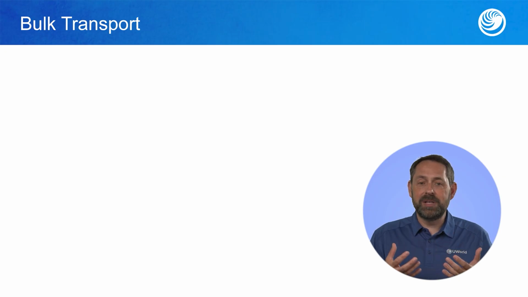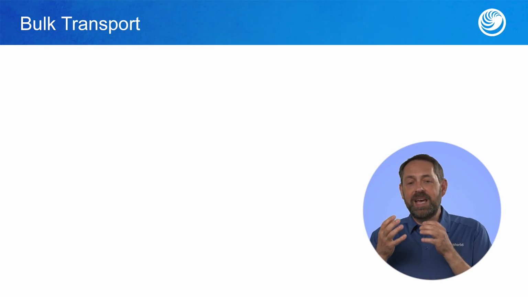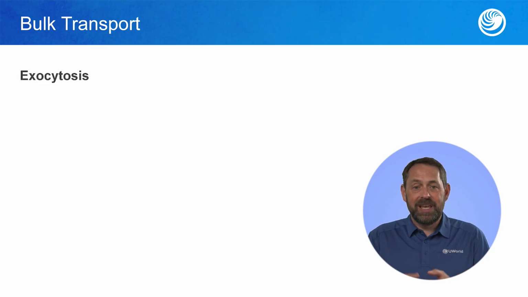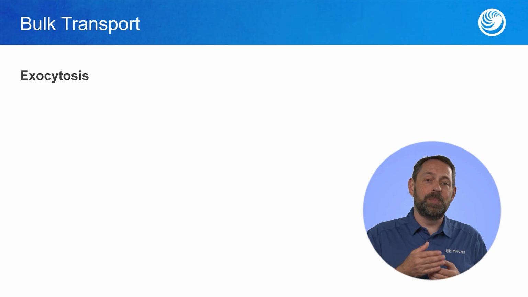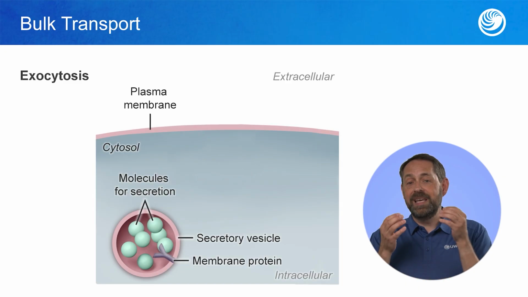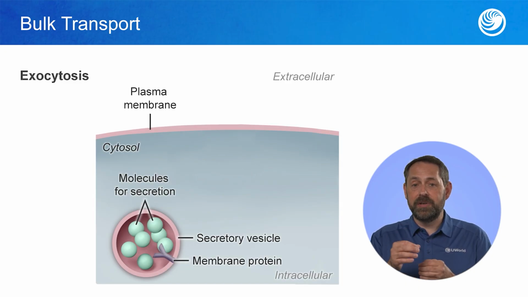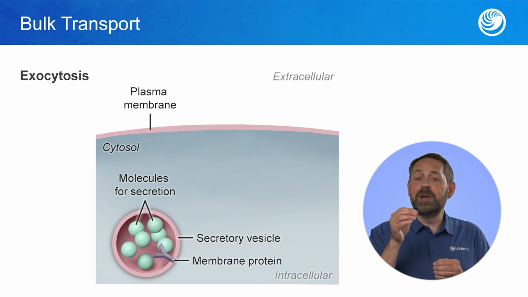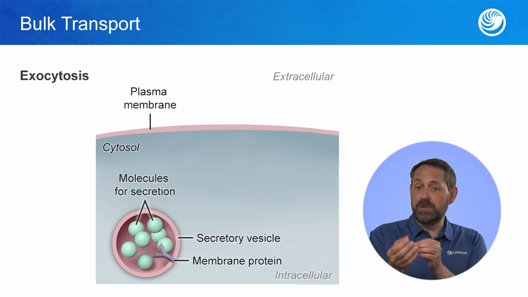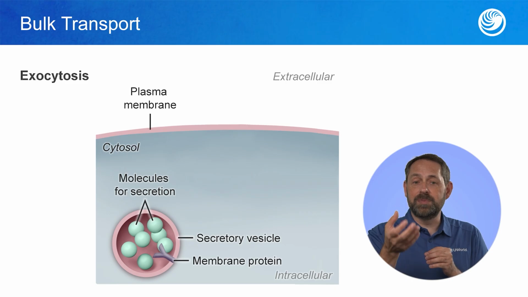Just as endocytosis allows cells to bring material in, cells also need a way to move substances out. This outward transport of molecules in vesicles is known as exocytosis, and it serves as the functional counterpart to endocytosis. In exocytosis, intracellular secretory vesicles carrying molecules destined for secretion are transported to the plasma membrane.